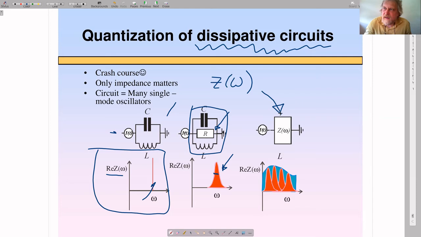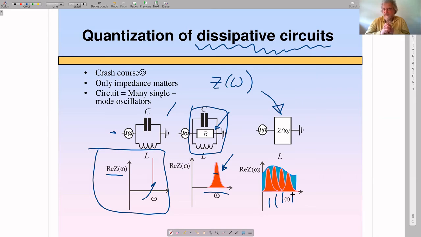Then eventually we can build up this impedance by combining many extended peaks like this.